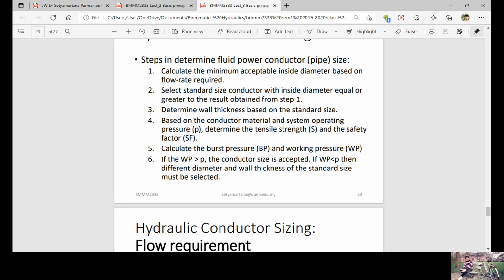And then if the working pressure is larger than the operating pressure, the conductor size is accepted. If the working pressure is less than the operating pressure, then a different diameter and wall thickness of standard size must be selected.